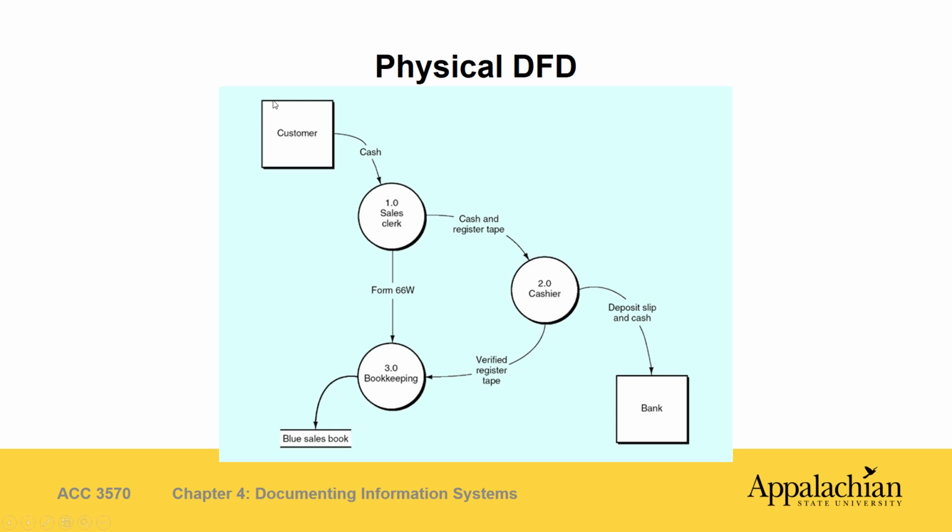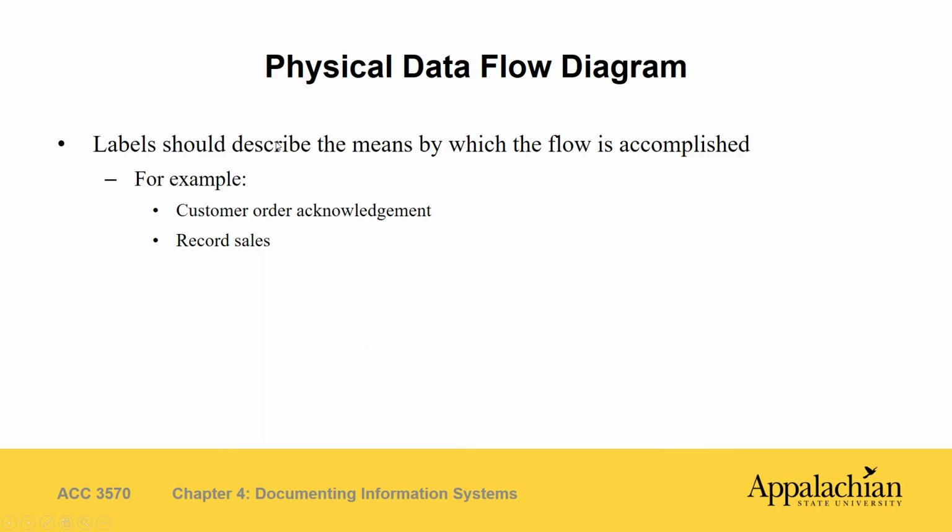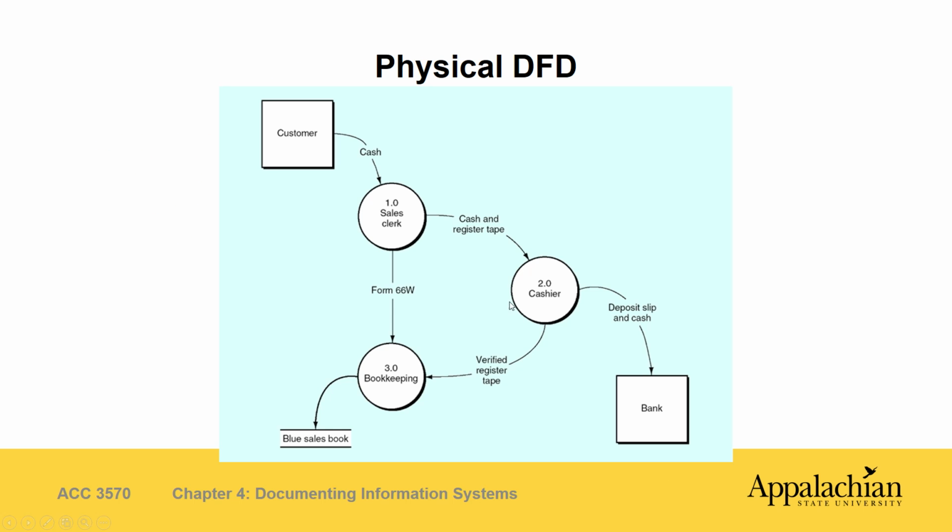You can see you've got your external entities on the ends. And remember, with a data flow diagram, you want to go from the top left, my left, your right, down to the bottom right. You start with the two external entities, then place your internal entities within the physical data flow diagram, and then put in what the flows of the data are.